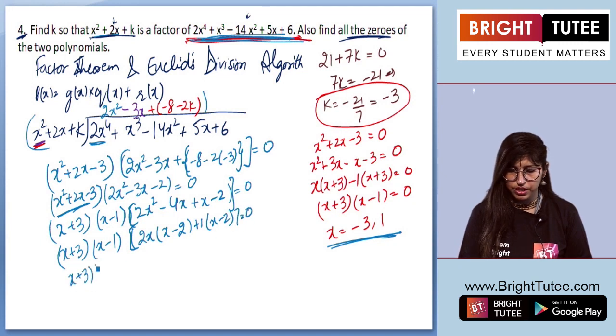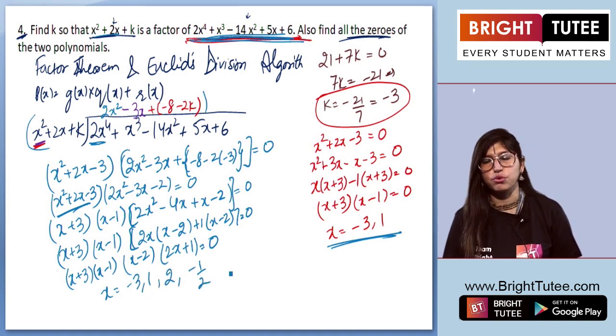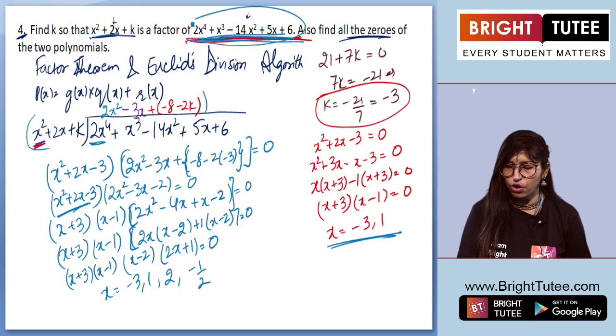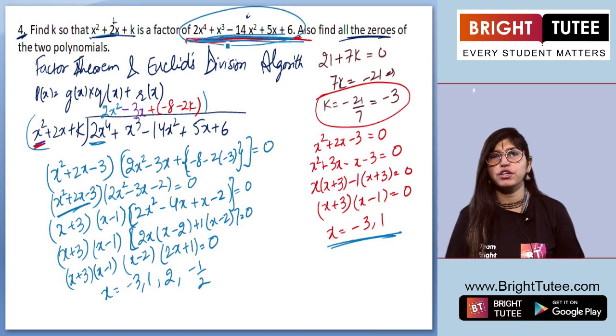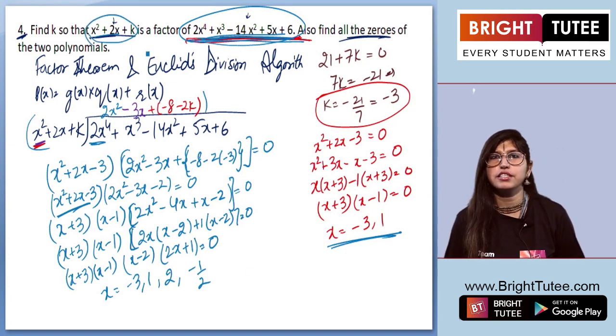So x plus 3, x minus 1, x minus 2, 2x plus 1. So x is minus 3 and 1, 2 and minus 1 by 2. So the zeros of this polynomial are minus 3, 1, 2 and minus 1 by 2, and for the other polynomial are minus 3 and 1.